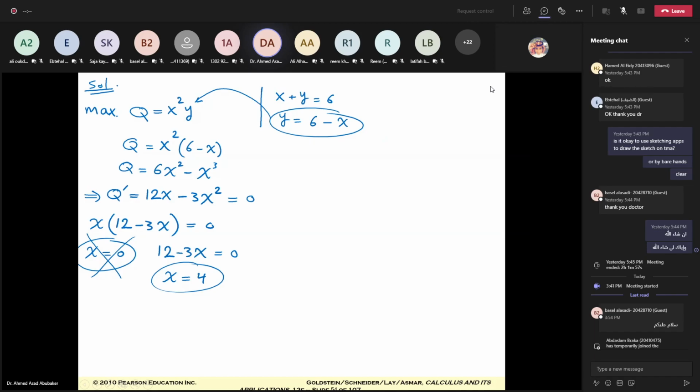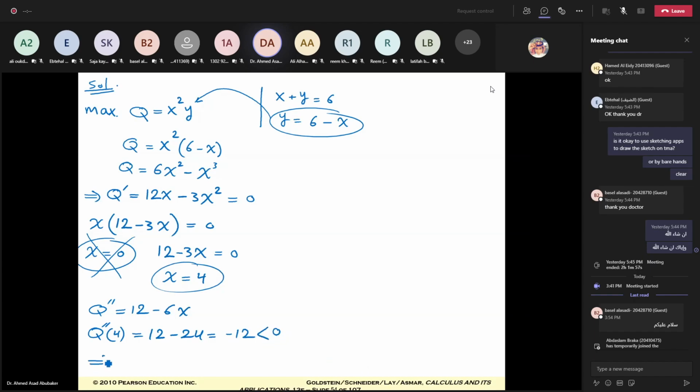Now we need to check at x equals 4 whether Q is maximum or minimum by the second derivative test. We have 12 minus 6x. Substituting the value 4, we have 12 minus 24, so we have negative 12, less than 0.